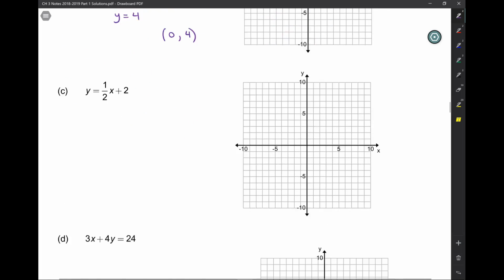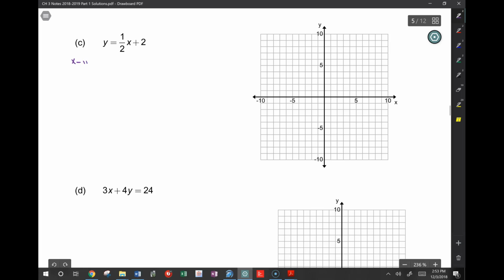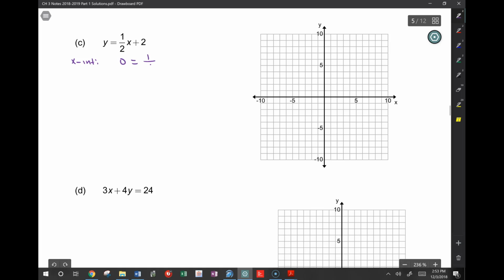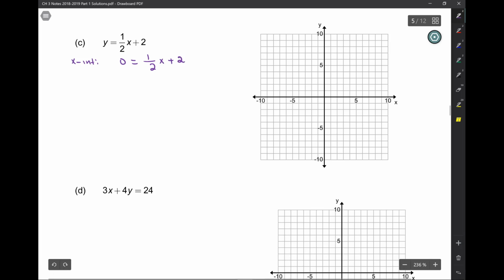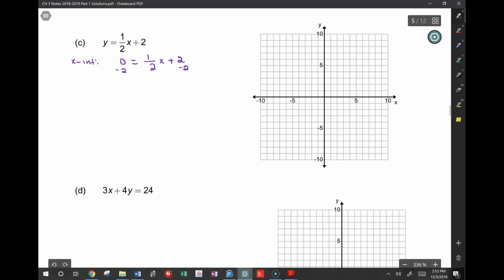Okay, now for the next one, I'm not going to say let x equal 0. I'm just going to say, all right, x-intercept. I know that for this one, we're going to let y equal 0. So it'll be 0 equals half x plus 2. Okay, minus 2 on both sides. So now I have -2 equals half x.